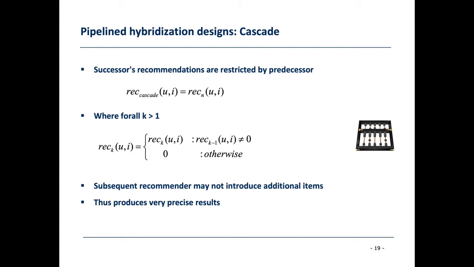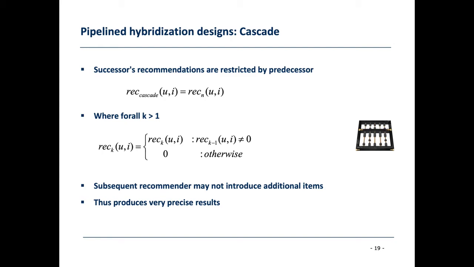So the model is quite simple. The cascade model just says the successor's recommendations are restricted by the predecessor. So then a recommendation for the kth recommender can only be the recommendations from the k-1th recommender, or they can't be recommended. That's all it says. It's not particularly interesting.